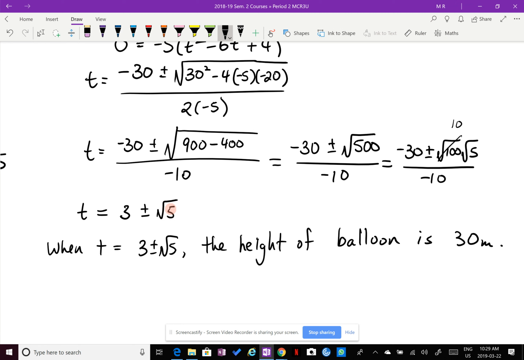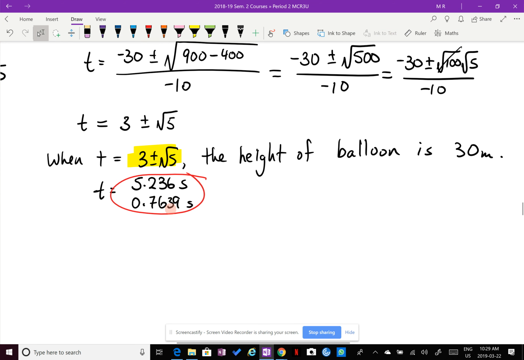If you converted this to decimals, you would get 5.236 seconds and 0.7639 seconds. I prefer the exact value. If you're checking your answer at the back of the book, sometimes you might need to convert to decimals. And for most word problems, usually it's okay to convert to decimals.